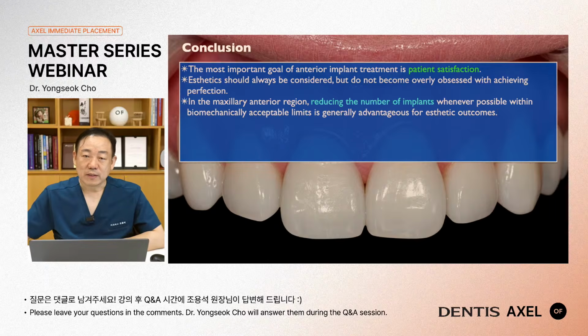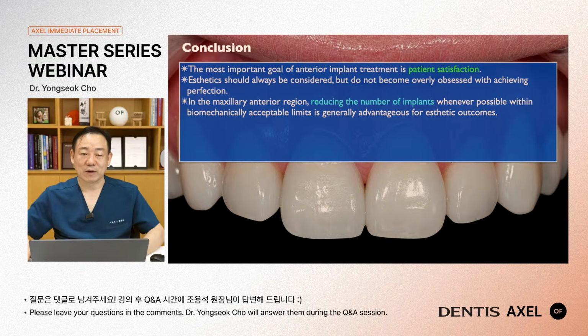In the maxillary anterior region, reducing the number of implants whenever possible within the biomechanically acceptable limit is generally advantageous for aesthetic outcome. Okay, don't place implants continuously.